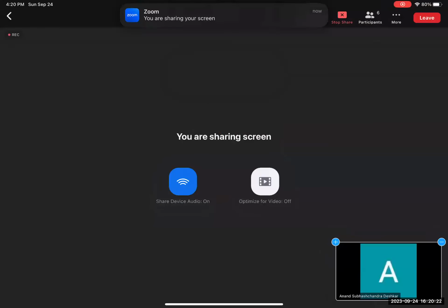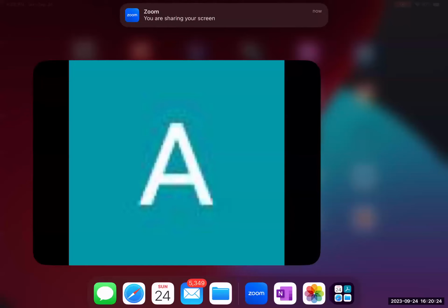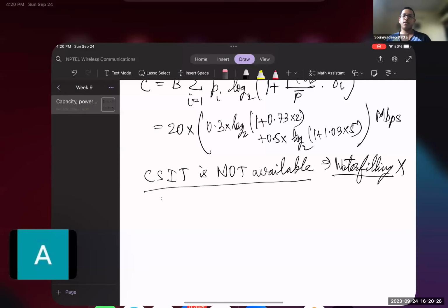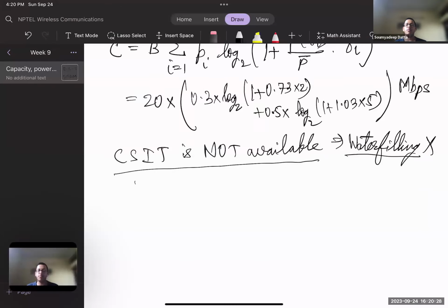Sir, why is this CSIT not available here? It's just that you're given this problem. It is not always practical that you will have channel state information. You might not be able to measure it at the transmitter in real time.